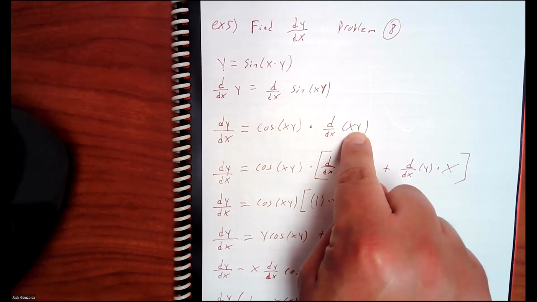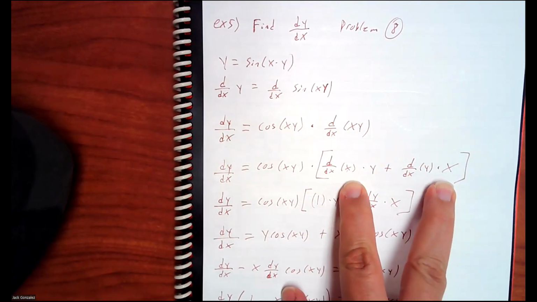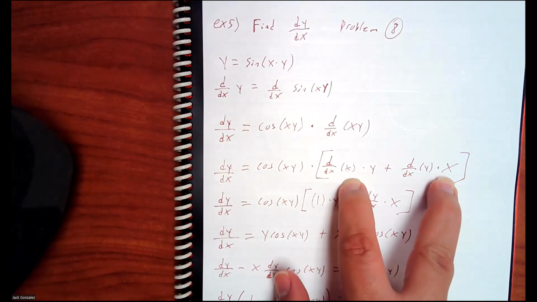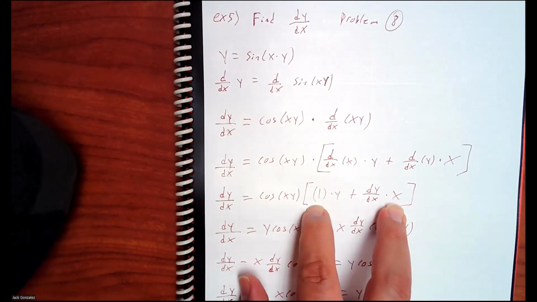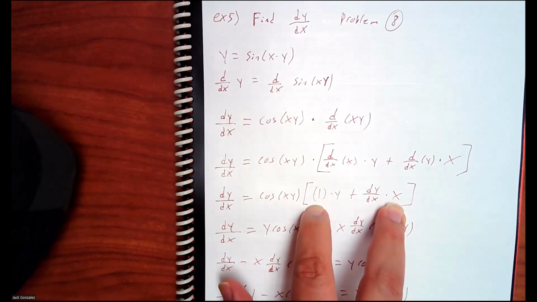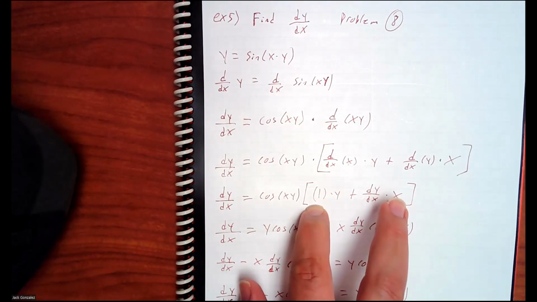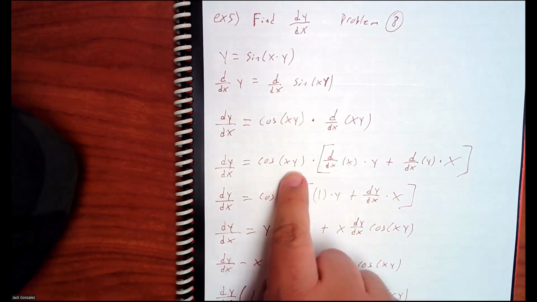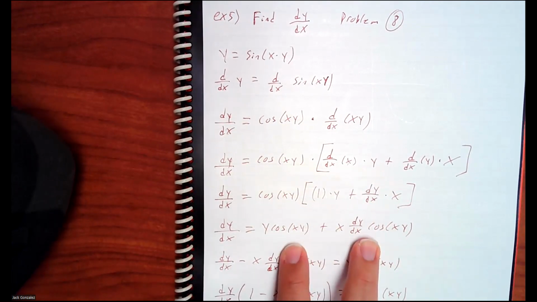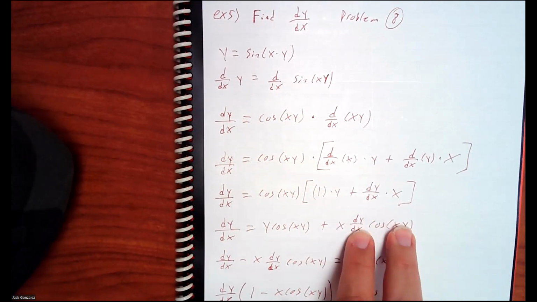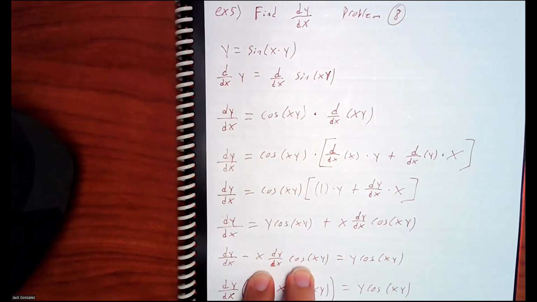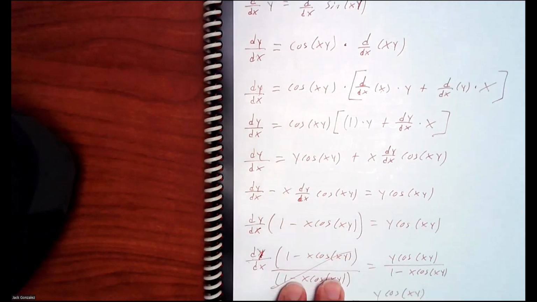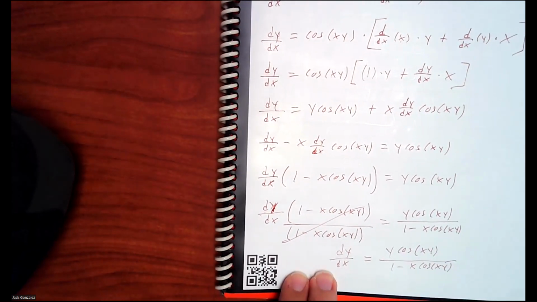Derivative of this right here is this product rule there. Actually taking the derivatives happens here for the product. After that, we just do algebra to solve for dy/dx. So we multiply this out, get these, move this guy over here, and then factor dy/dx, divide this garbage, and we solve for dy/dx.